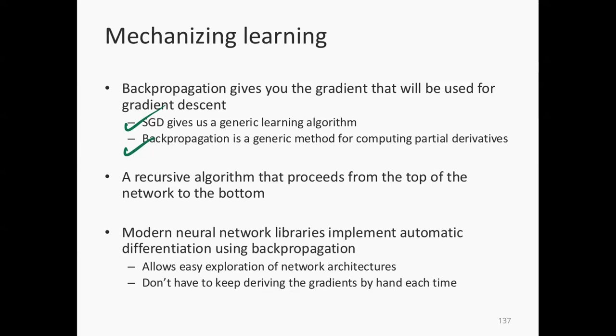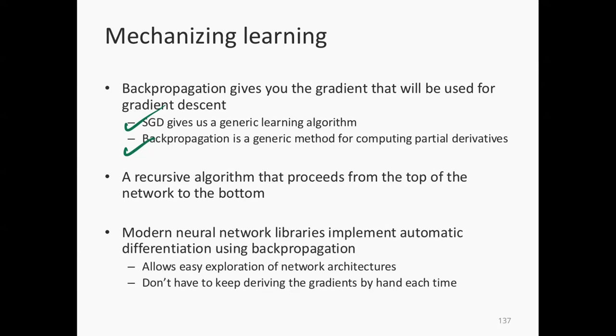So in the example, it's easy for us to think about taking derivatives of equations, but how are the libraries doing it? They work with computation graphs. The whole abstraction internally is a computation graph.